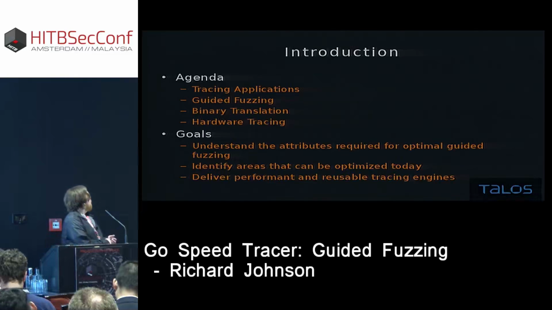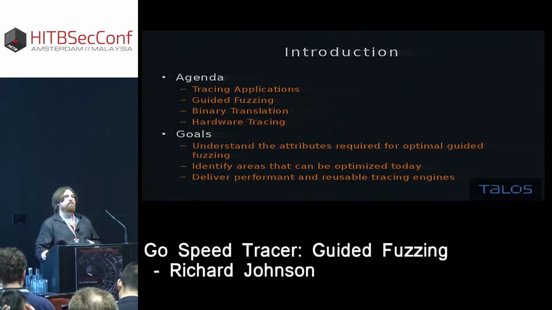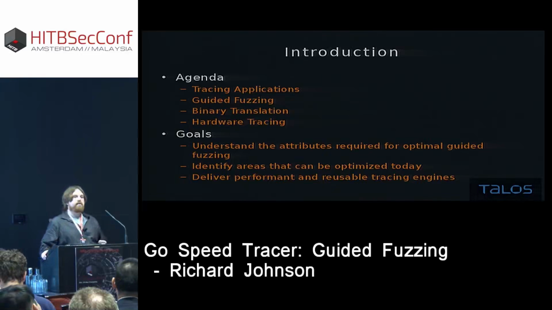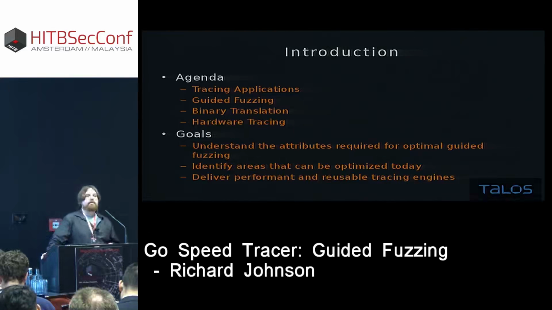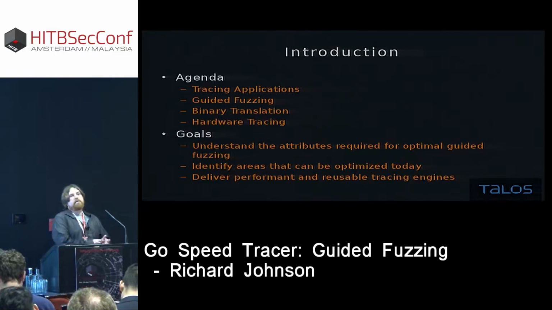So we'll talk about binary translation, which is one method for essentially instrumenting binaries on the fly as you execute them and allows you to augment the functionality so that you can record a trace, and also the mechanisms that are built into your CPUs, like the Intel BTS, branch trace store, or the new features like Intel Processor Trace. And then I've got some demos and a whole suite of tracers based upon all the technologies that you'll hear.